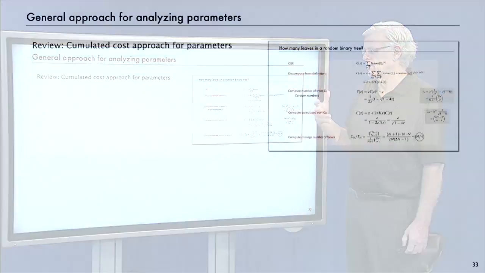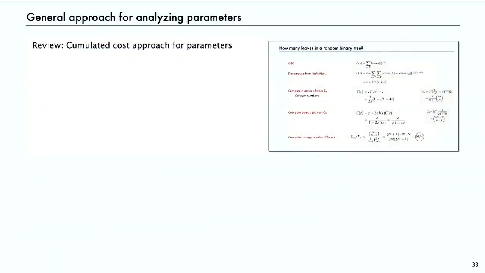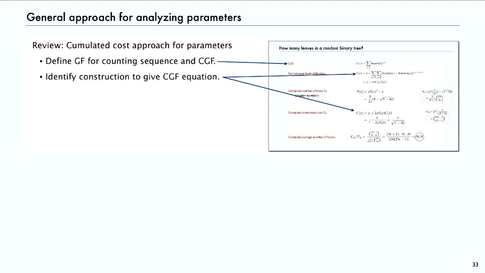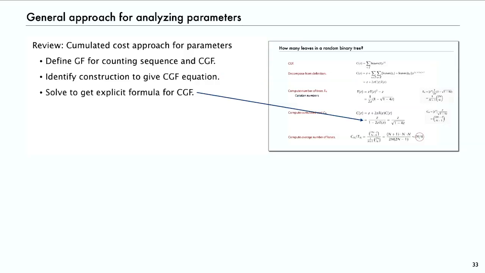We're going to use the cumulated cost approach because we can use the symbolic method in a very straightforward manner. Recall that we're going to define generating functions for the counting sequence and for the accumulated cost. Then we're going to have a construction, and the construction will give a generating function equation for the cumulated generating function.